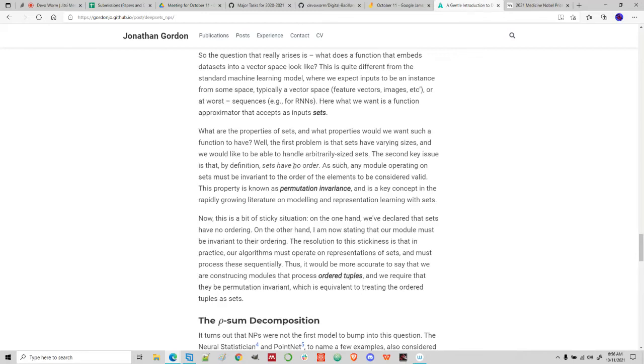The other thing is that sets generally have no order, at least in this context. Your sets are just kind of there. There's no real information about ordering. And so any module operating on sets must be invariant to the order of the elements. This is known as permutation invariance.